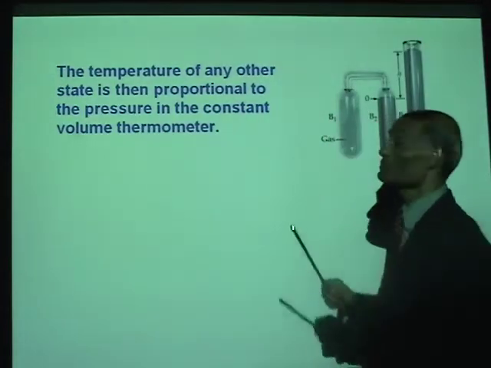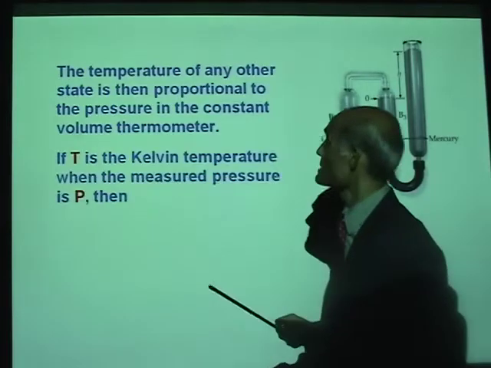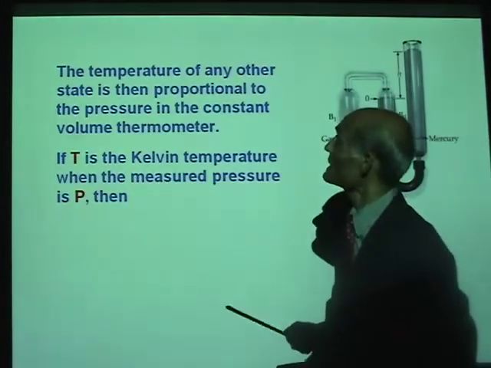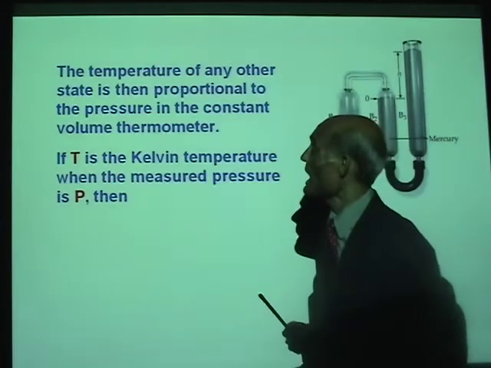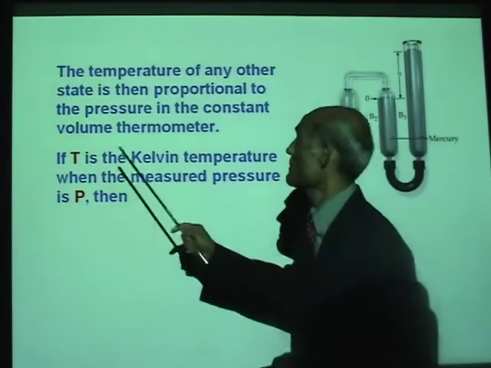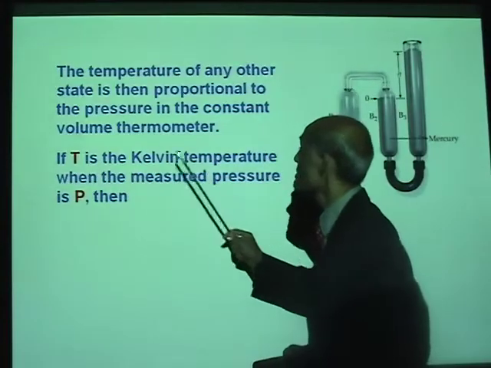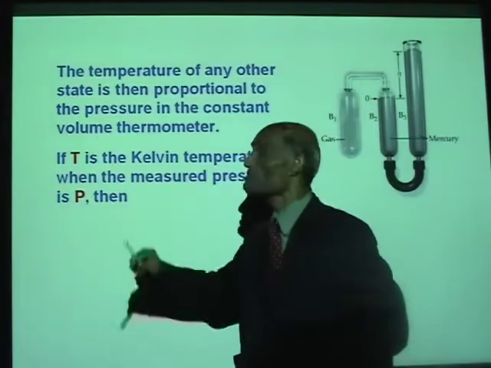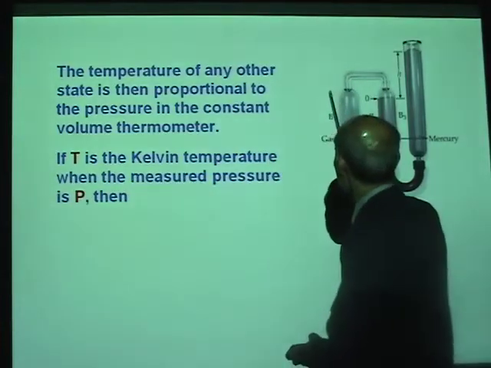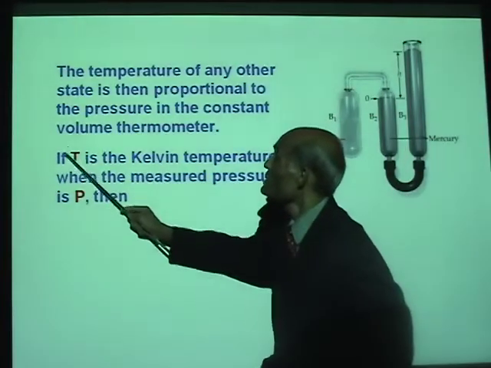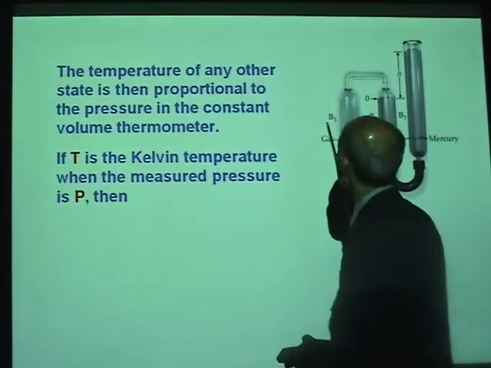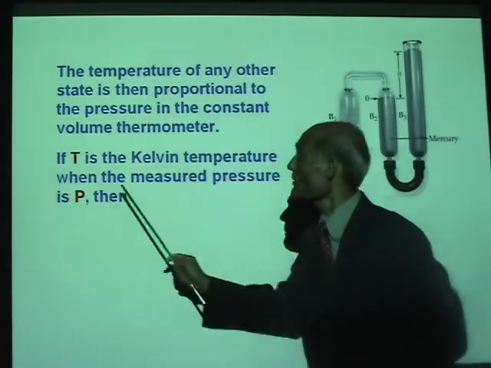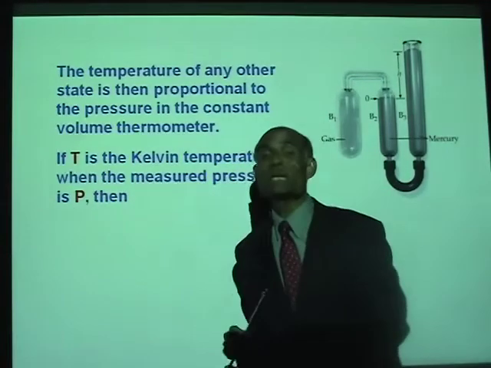Now, we're going to use the same constant volume thermometer there, and let's look at the relation connecting the triple point pressure and the temperature we want to measure. If T is the Kelvin temperature when the measured pressure is P. So, you want to measure the temperature T Kelvin, you cover the bulb of the thermometer with that particular bath and measure the pressure P.